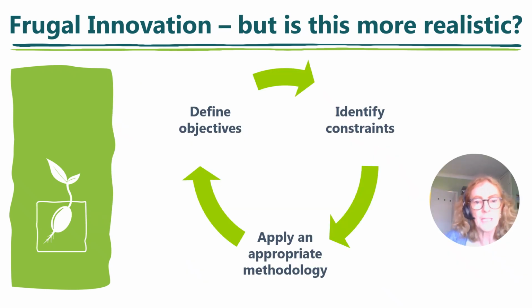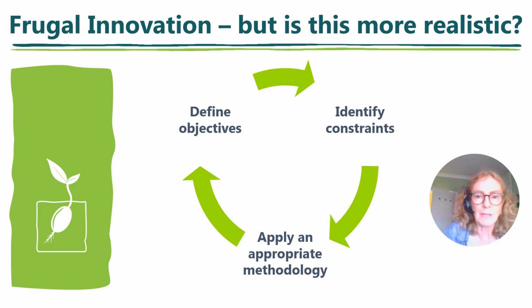Interesting, just to put this one in, this is a new representation. So that previous slide, I had it as a linear process, starting with defining objectives, identifying constraints, and applying an appropriate methodology. More recently in the LiveSeeding project, we've realized that it's really an iterative process where you may go back again and again during the whole period of on-farm cultivar evaluation and the evolution of those networks to redefine objectives and identify possibly new constraints and adjust methodologies.